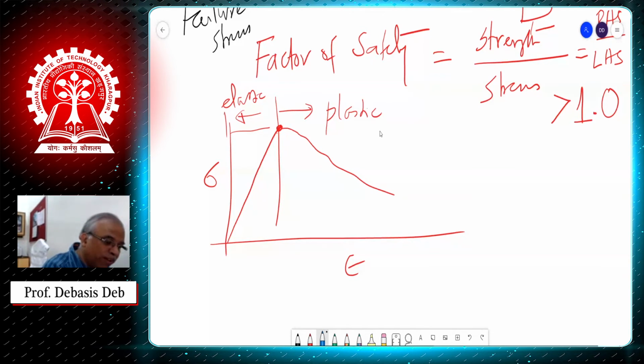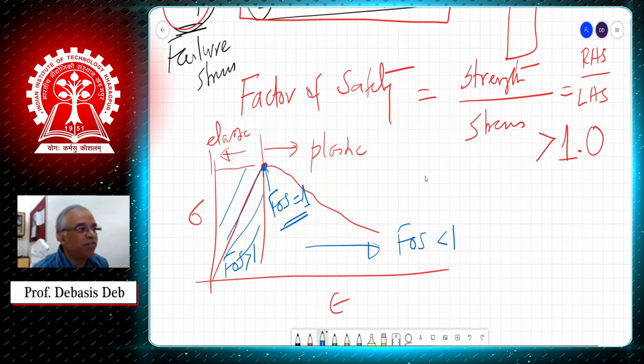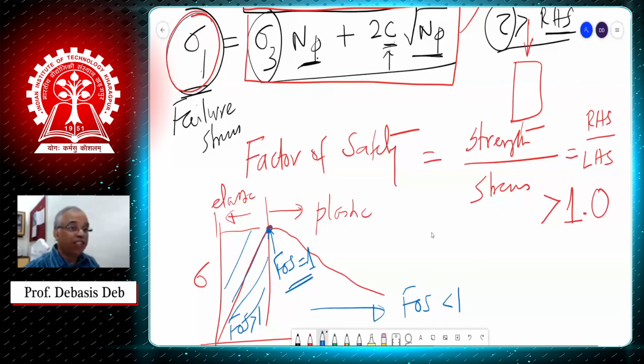On this side FOS is greater than 1. At this point, it is exactly 1. And on this side, FOS is less than 1. So this is the concept of strength and stress, and from that, factor of safety.